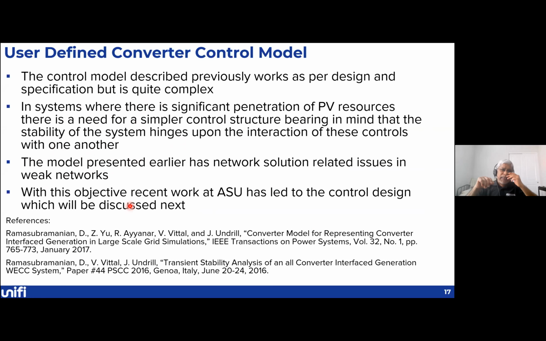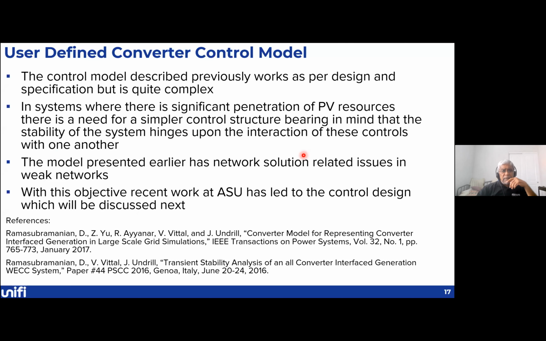And in systems where there are going to be significant penetration of PV resources, there was a need for a simpler control structure, bearing in mind that the stability of the system hinges upon the interaction of these controls with one another. And this model that I talked about earlier does have problems with network solution during the time domain simulation, in cases where the electrical network is weak.